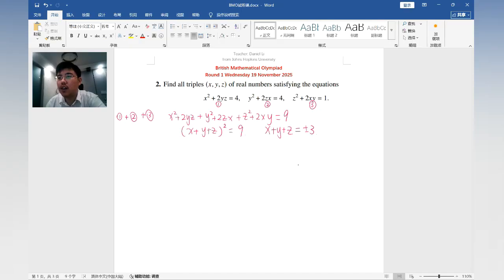So this is the first condition we have from the three equations. And on the other hand, we can know, you see here, 2/4, and so we may have some insights here with the two equations. You can see the right hand side 4, both 4. Then we can let equation 1 minus equation 2. The right hand side is 0. So what is this?